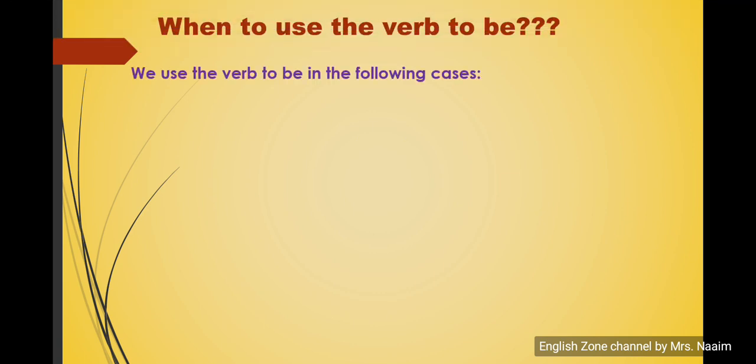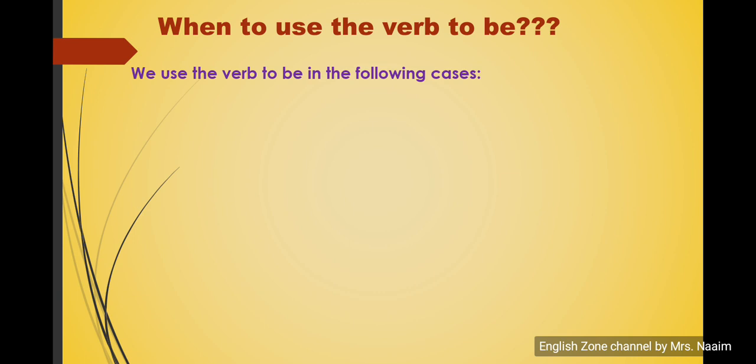Now let's move to something else which has to do with when to use the verb to be. والآن سنتعرف على متى يجب أن نستعمل فعل الكينونة في اللغة الإنجليزية. So here we use the verb to be in the following cases. نستعمل فعل الكينونة في الحالات الآتية.